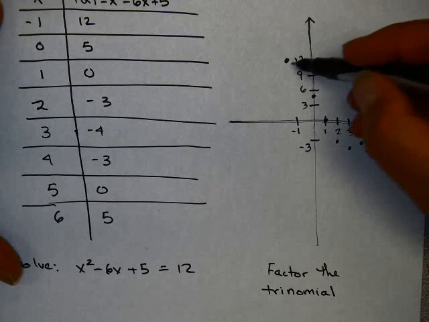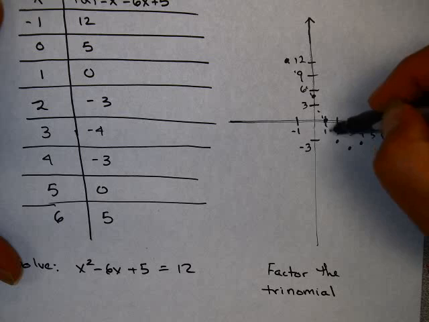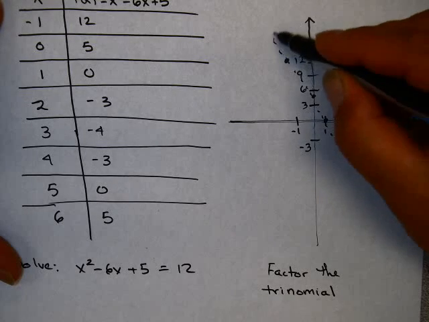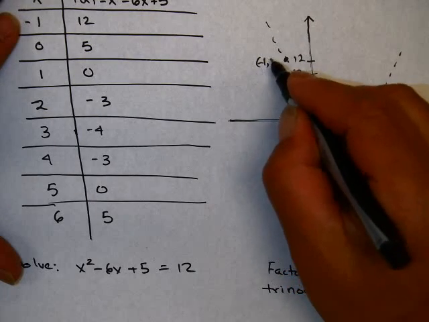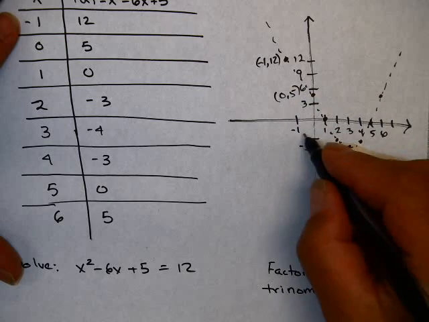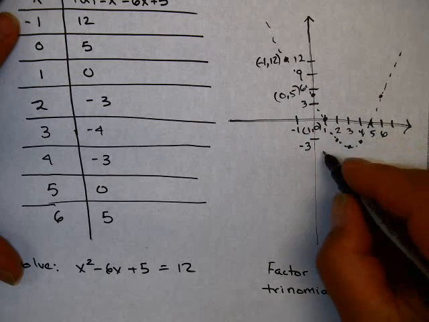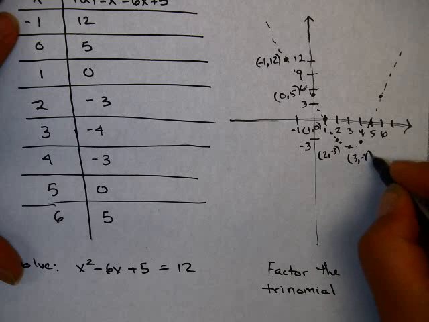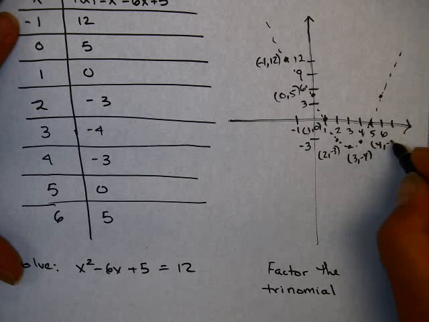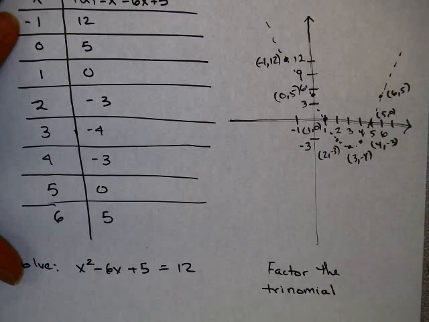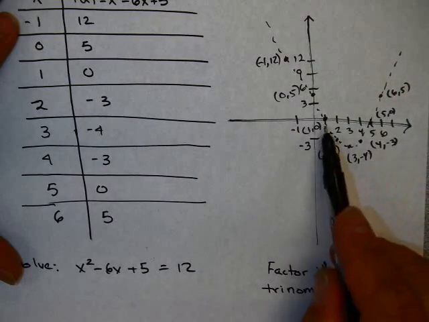Okay, so you can see again that this makes this nice parabola shape that we expect with our quadratics. So I'll just label these points again: negative 1, 12; 0, 5; 1, 0; 2, negative 3; 3, negative 4; 4, negative 3; 5, 0; and 6, 5.